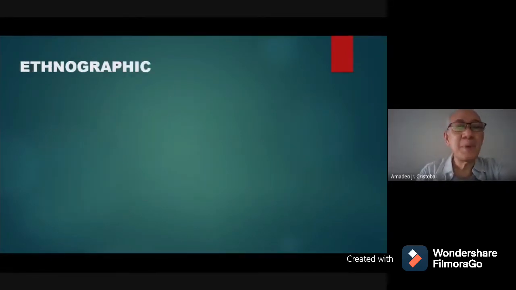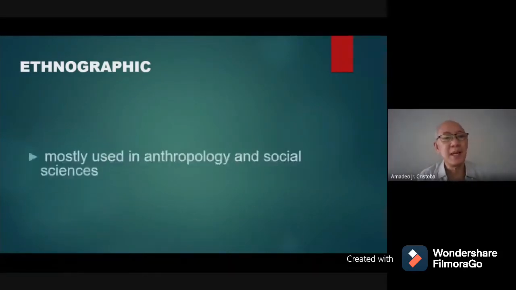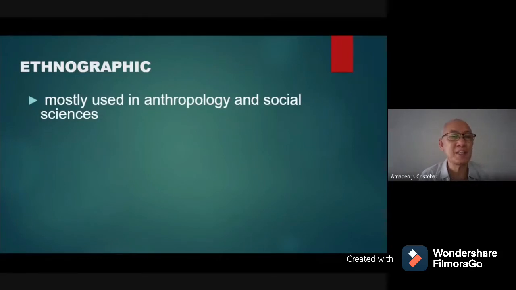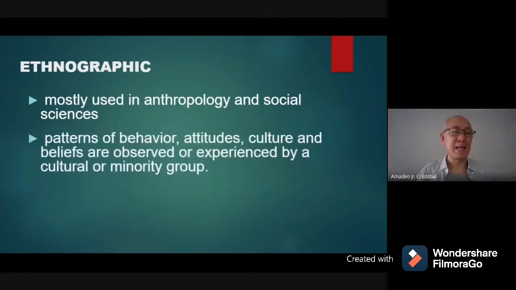The next type of qualitative design is the ethnographic method. When we say ethnography, it is very useful in the science of anthropology and social sciences. Anthropology is the study of culture, and of course, we know what social sciences are.